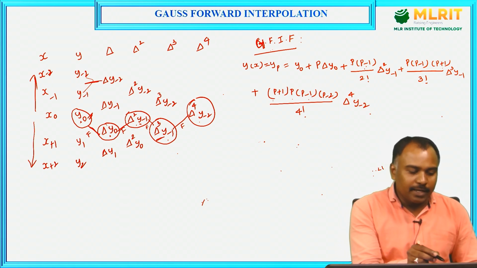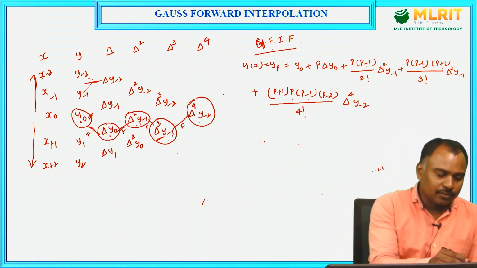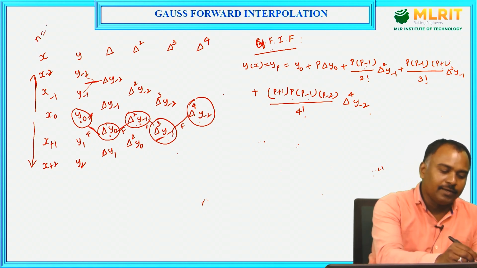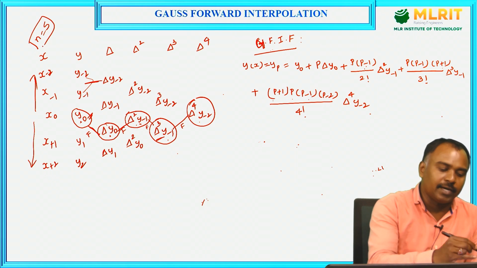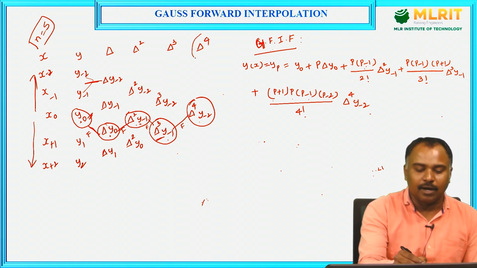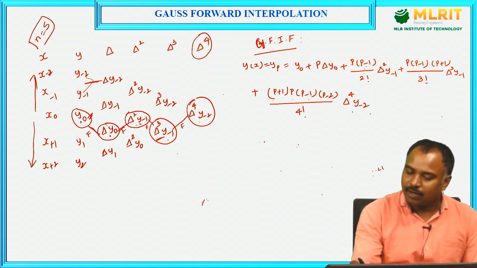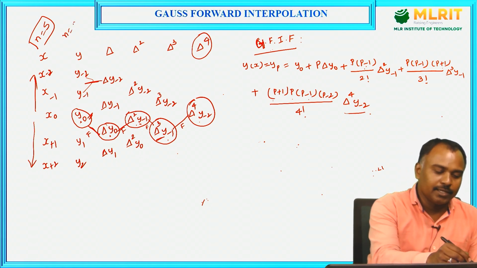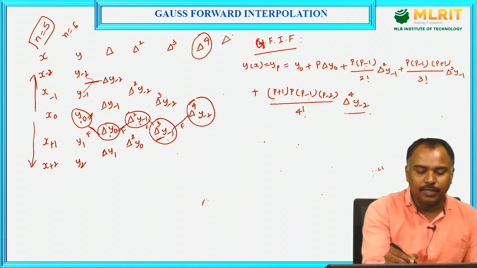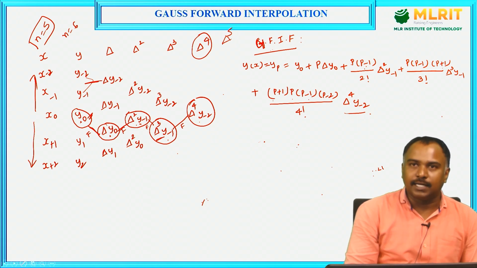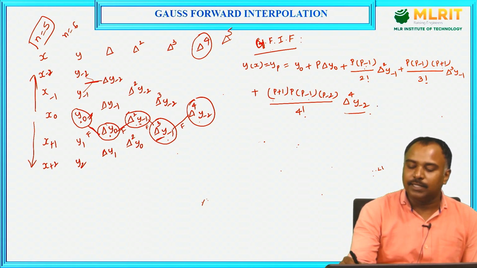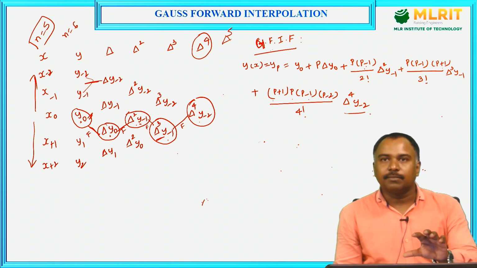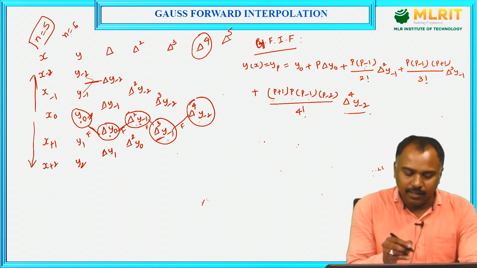Based on the number of points, 1, 2, 3, 4, 5, the given data has n equal to 5 points, so we get order 4. If we assume n equal to 6, we will have one more order, delta power 5, and one more delta power 5 term in the formula. This is the way to write or remember the formula easily.